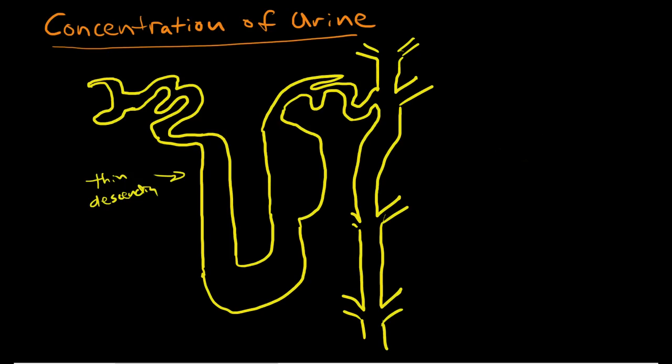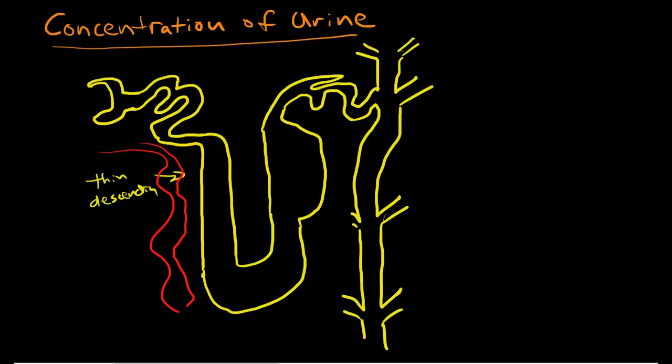Okay, so concentration of urine really occurs due to actions in the loop of Henle that cause concentration of the interstitial fluid and the fluid within the vasa recta. Again, the vasa recta is the vessels that wrap around.